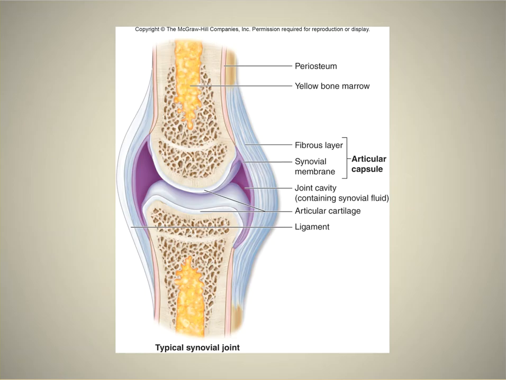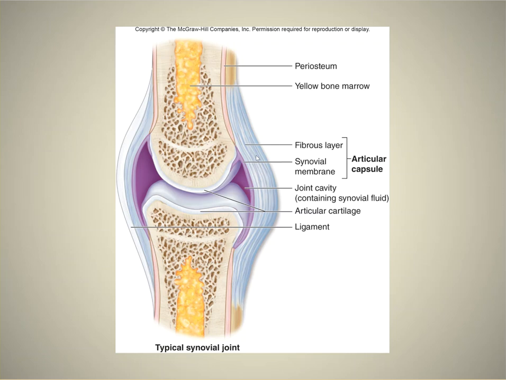Slide 9, here's a drawing of a typical synovial joint and the parts. The periosteum on the outside of the bone, yellow bone marrow. There's the articular capsule, fibrous layer, synovial membrane. This is the case of a membrane that has no epithelium.